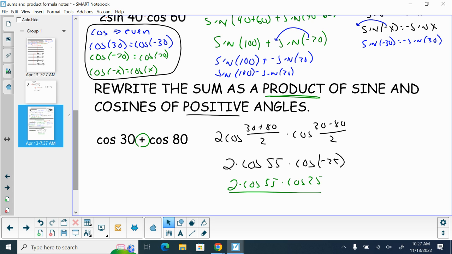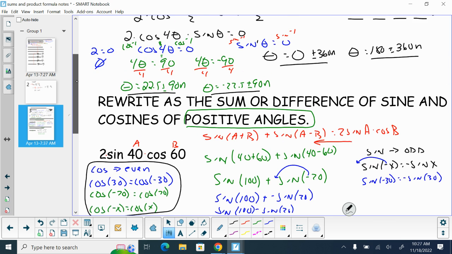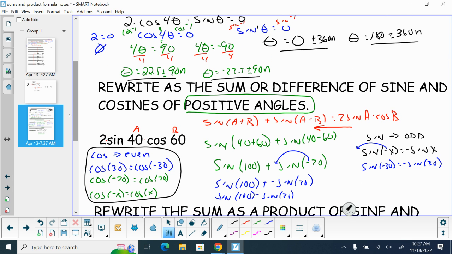Homework. We have on page 144, 145, problems 3 to 39. Okay, now if we take a look at these, problems 1 through 12 are these problems right here.